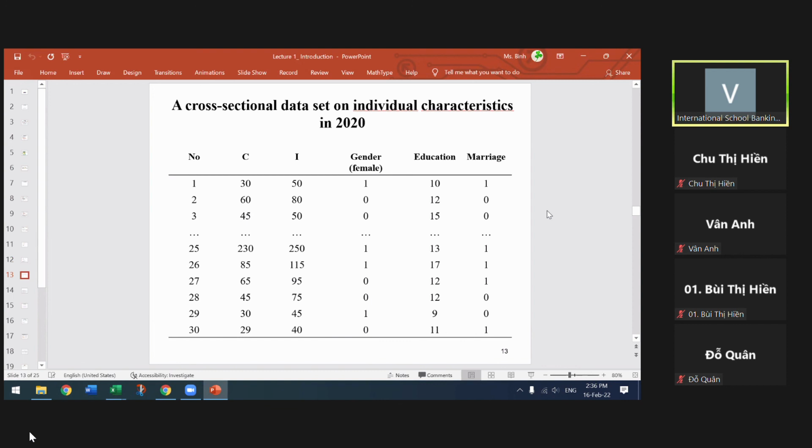There are so many different kinds of econometrics models, but we don't have enough time to study them in one course. So we only study the most popular model, which is the most suitable for cross-sectional data sets.